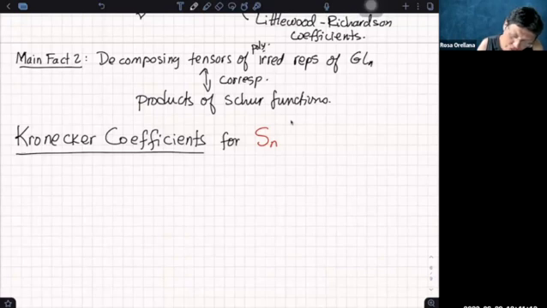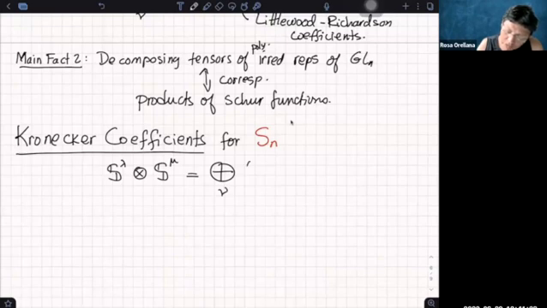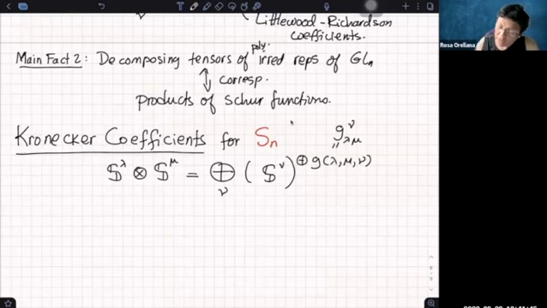If you take two representations of the symmetric group, you can also form the tensor product. And in a similar question, you want to be able to decompose it into irreducibles. You have these coefficients indexed by lambda, mu, nu, in similarity to Littlewood-Richardson coefficients. And these are what are known as the Kronecker coefficients.